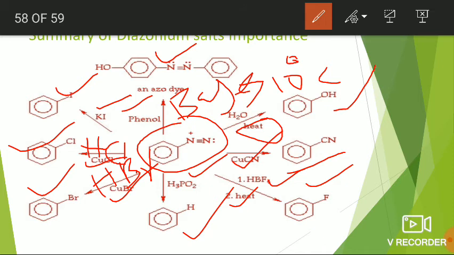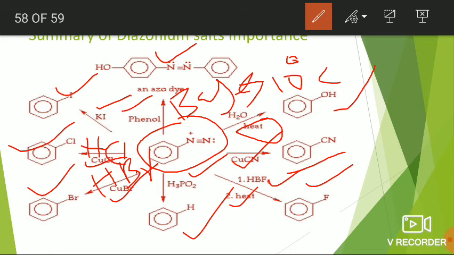So the diazonium salts have a lot of applications in the pigment industry as well as in the dye industry, and also in the cloth industry in order to color the cloths.